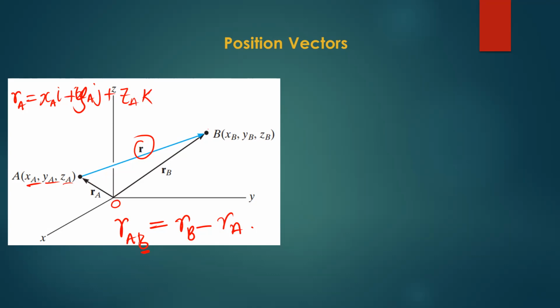Now, if they ask you to find the direction of the position vector or the resultant position vector, you simply find the unit vector.